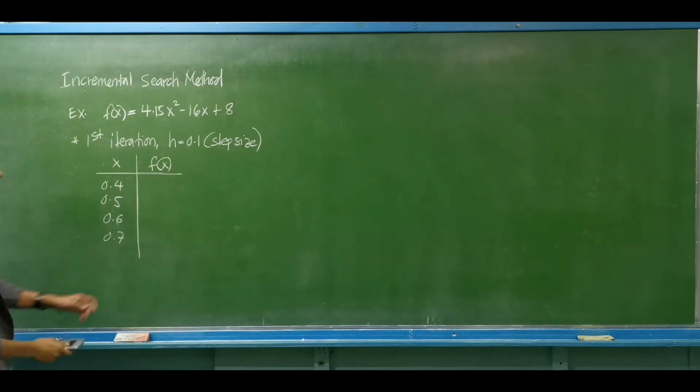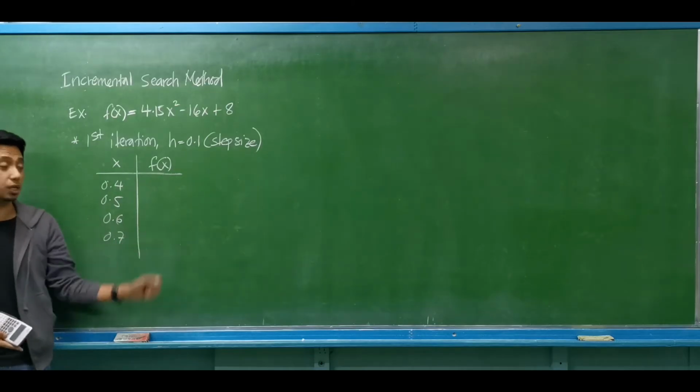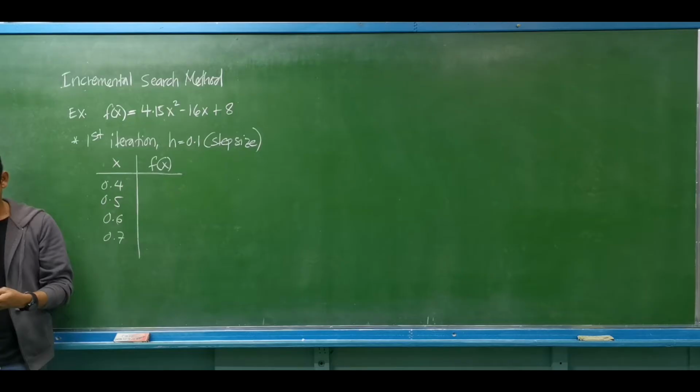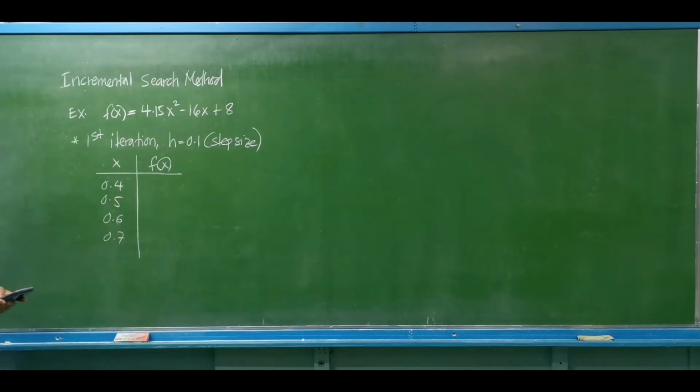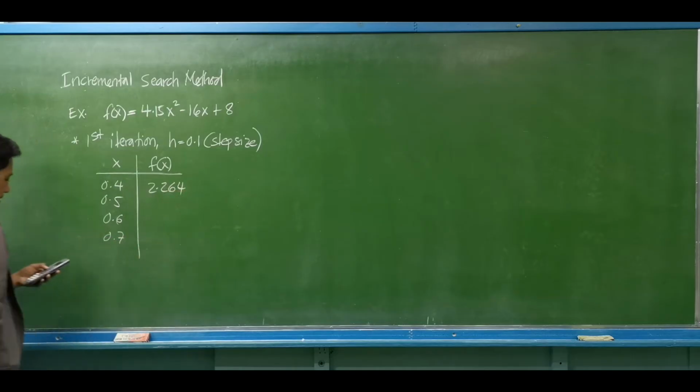Let's check the equivalent value of the function and observe if there is a change in sign for the values of f of x. It's 4.15 times 0.4 squared minus 16 times 0.4 plus 8, which equals 2.264.